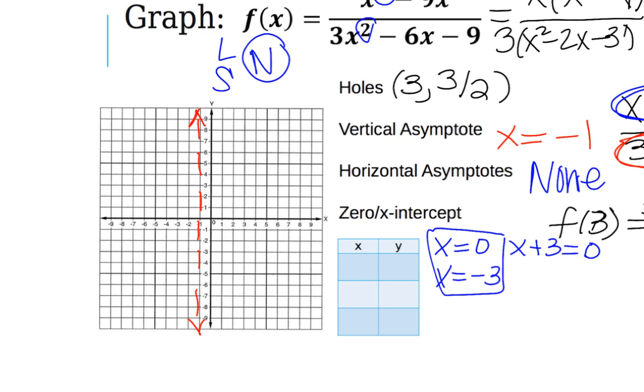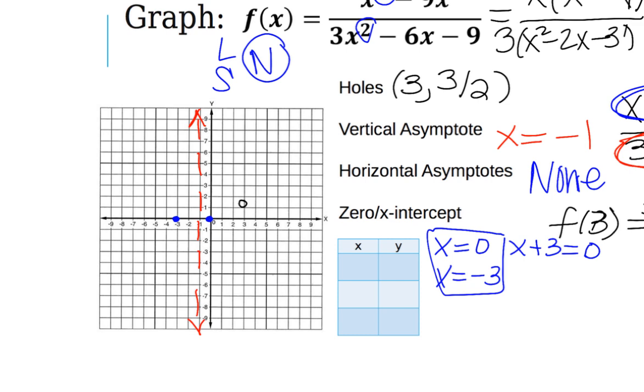We have a hole at (3, 1.5), so we're over at 3 and then up to about 1.5 there. And our zeros, or x-intercepts, we said are at (0, 0) and (-3, 0). So we can already see that we're going to have two intercepts on both sides.